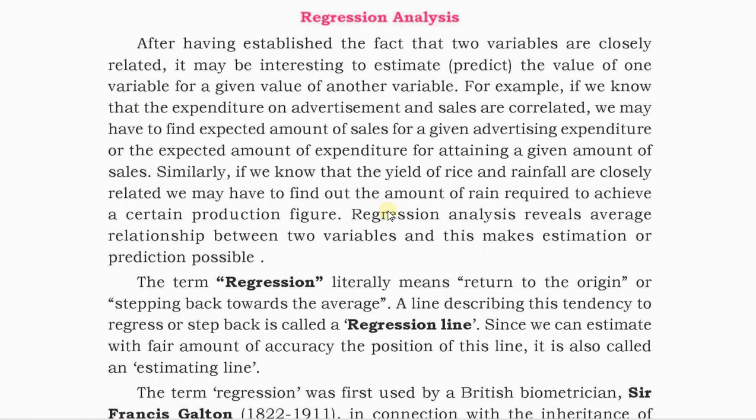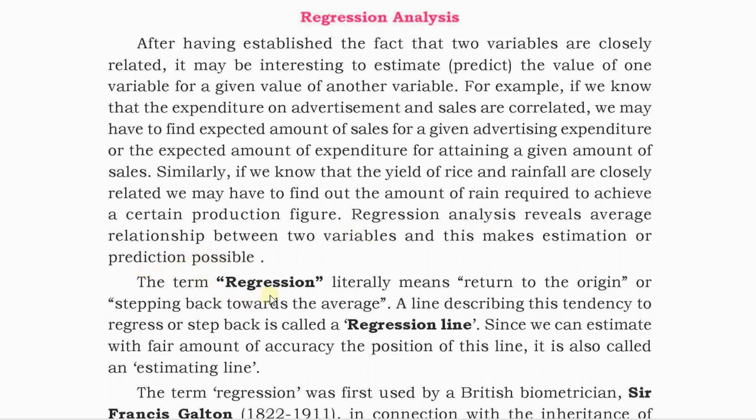This is the difference between correlation and regression. In correlation, we establish the relationship between the two variables, but in regression, we try to find out if one variable has changed to a certain extent, then what will be the change in the other variable separately. So regression analysis reveals the average relationship between the two variables and helps in the prediction.